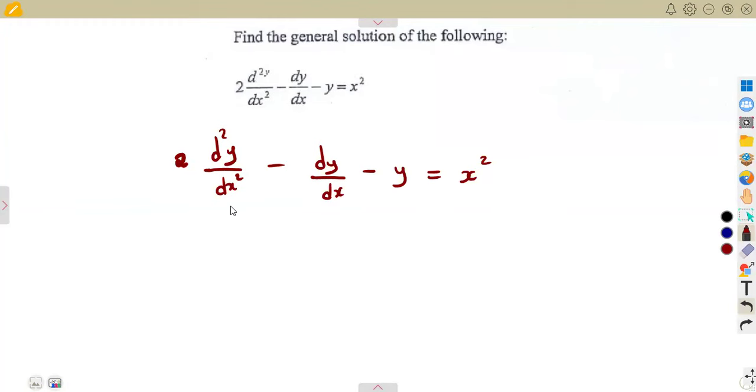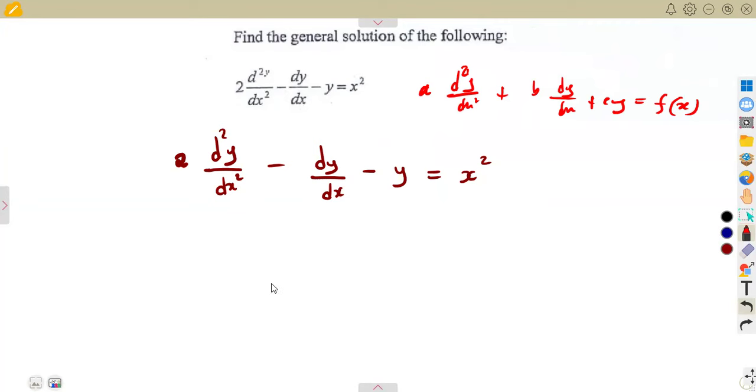That's a second order linear differential equation. The format that we are seeing exactly matches the format that we are supposed to have: a times the second derivative of y with respect to x plus b dy/dx plus cy is equal to f of x. Remember our format.